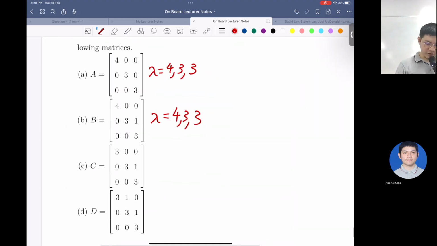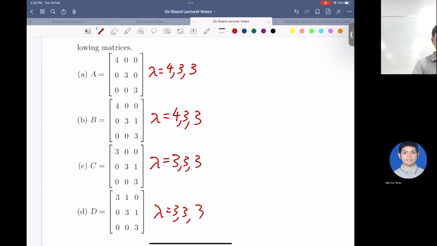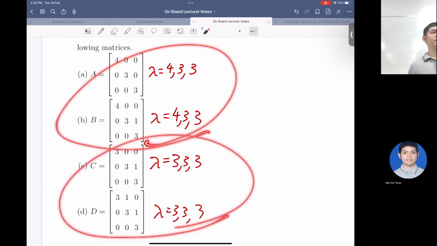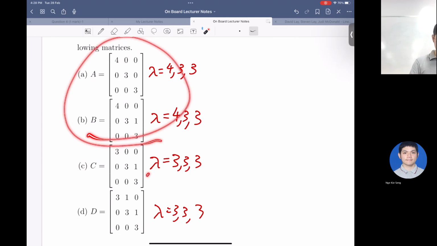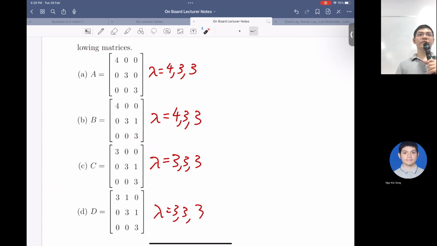Similarly for C, lambda equals 3, 3, 3. D is 3, 3, 3. So you can see that these two have the same eigenvalues. So why do we put this example up? There must be a difference between AB and CD.